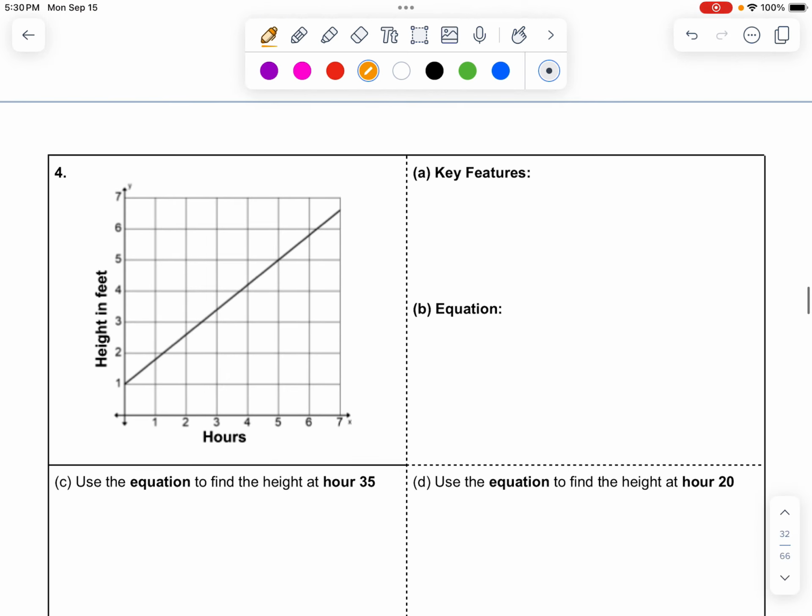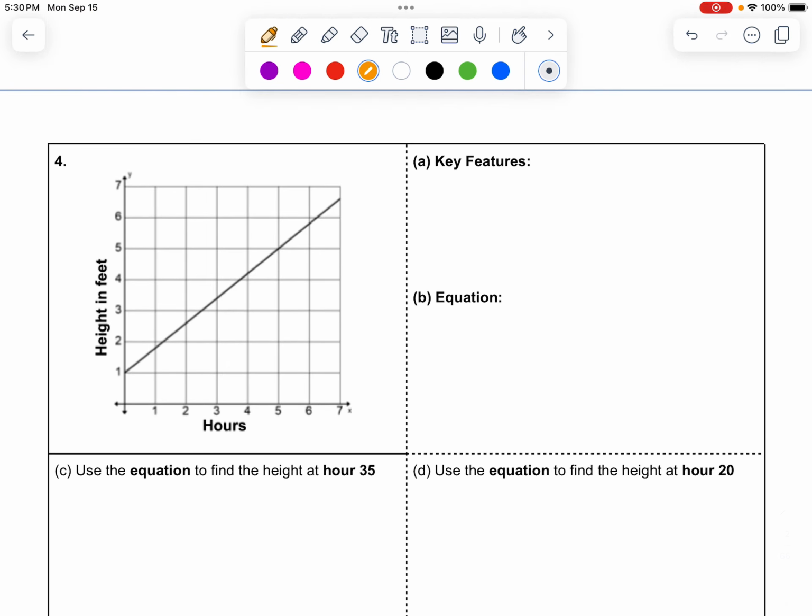Let's try one last example. I'm giving you a graph here that is showing us the hours that have passed and the height in feet. In order to write the equation, I need to identify the key features. So I'm going to need to find the slope and the y-intercept.